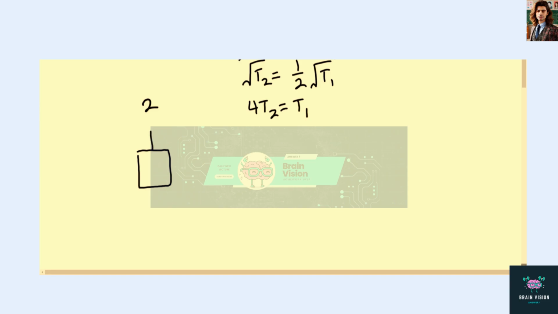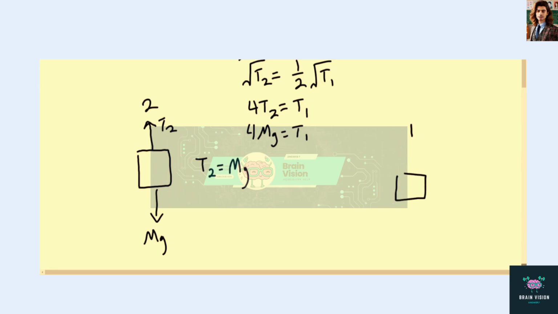We had T2, the tension in the string, and then we had the weight of the box, mg. So we can say that T2 is equal to mg. So then we know that T1 is going to be equal to 4 mg. And that's really important to know for later.